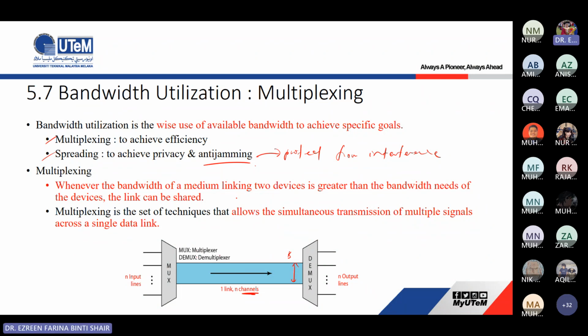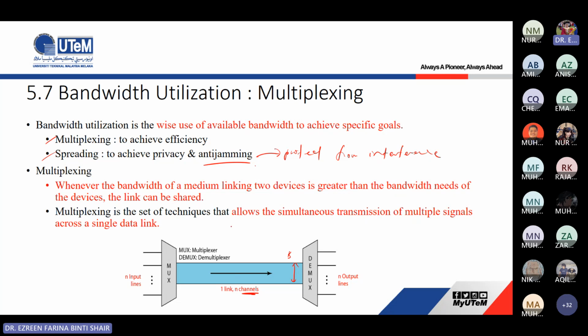Whenever the bandwidth of a medium linking two devices is greater than the bandwidth of the device, the link can actually be shared. Even though you only have one link, if the bandwidth is bigger than the actual need, then you can share this link. So even though you have multiple inputs, you can share using one link.